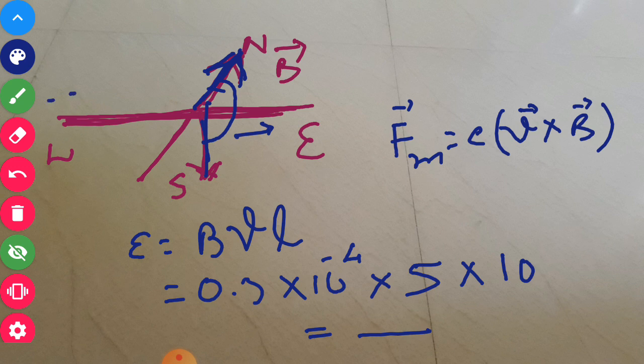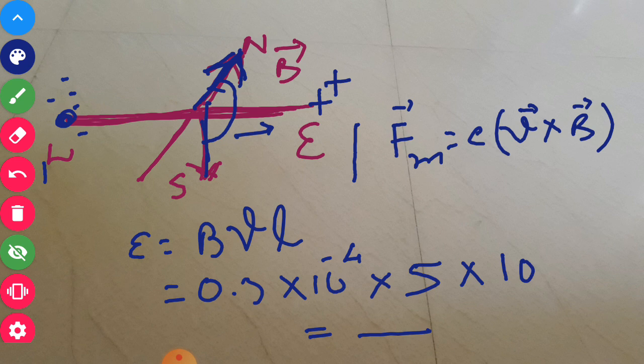So electrons will accumulate at the end towards west, and positive charge is left open. So the terminal towards east will become positive, and towards west the terminal will become negative.